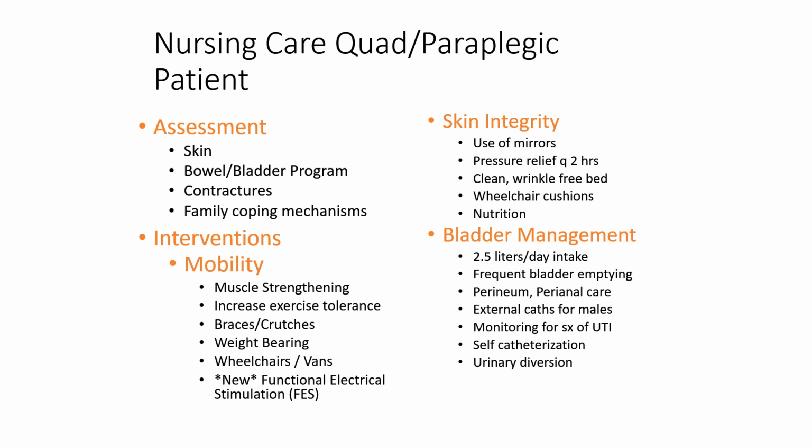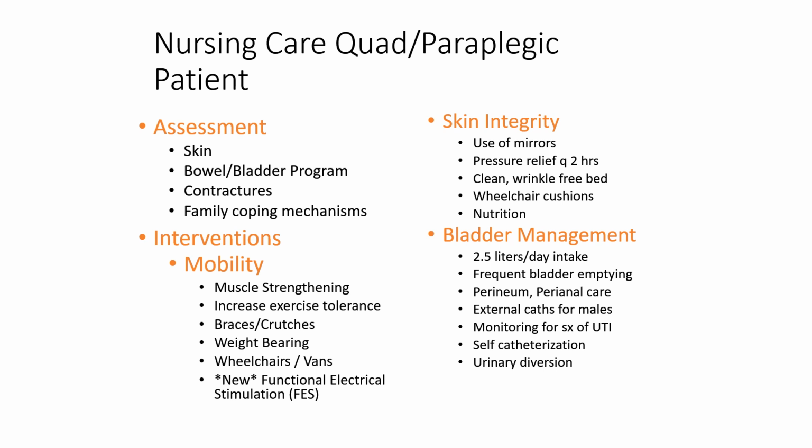External catheters for males, maybe, and also the new Daisy appliances that we're using in the hospital. We want to monitor for symptoms of urinary tract infection because remember, they don't feel this. So we're looking for cloudy or foul smelling urine. We're looking for fever or chills.